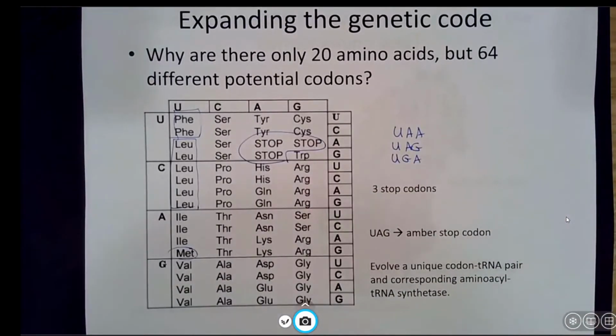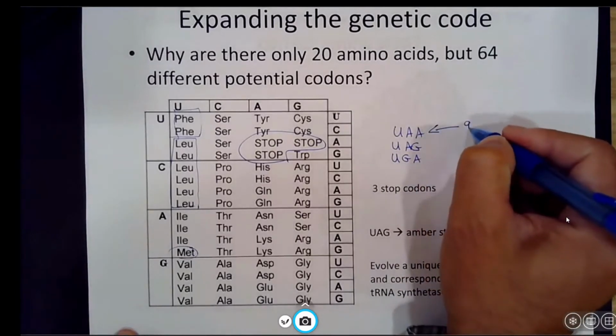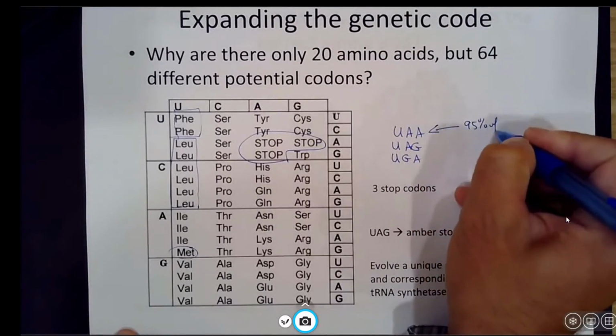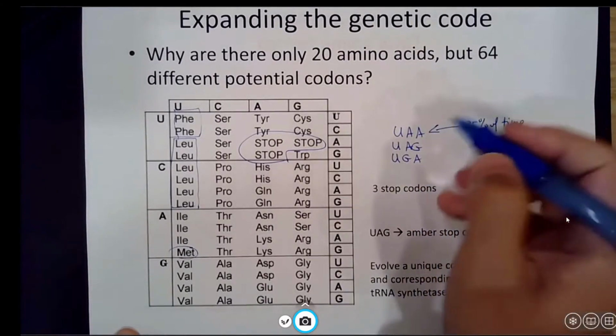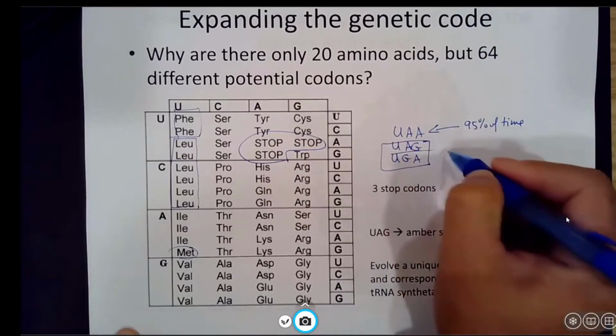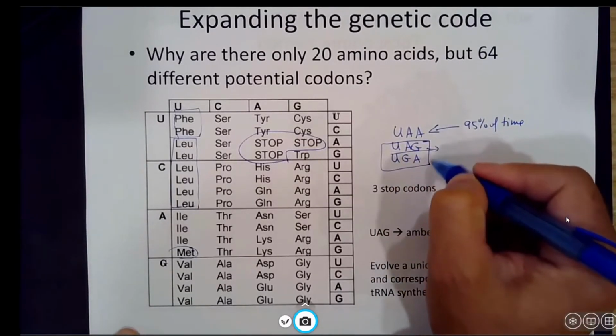It turns out that the one used almost exclusively, 95% of the time, is UAA. These other 2 stop codons are valid, but they're used rarely.